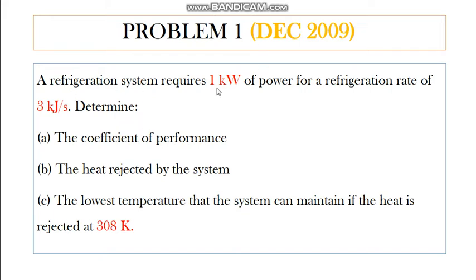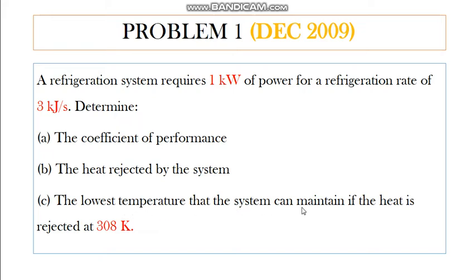If you see this question, you have been given power, that is work done, which is 1 kilowatt, and the rate of refrigeration is 3 kilojoules per second. We need to find the COP, that is coefficient of performance, and the heat rejected by the system, which is nothing but Q1.